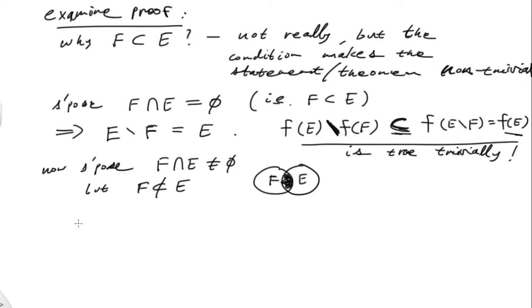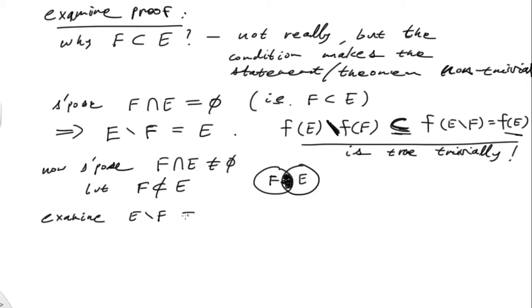Well, now let's do this. The thing to note here is, let's look at the set, now examine, E not F. E not F, of course, is actually just taking away these points right here, and these points, which were not part of E to begin with, are sort of irrelevant.